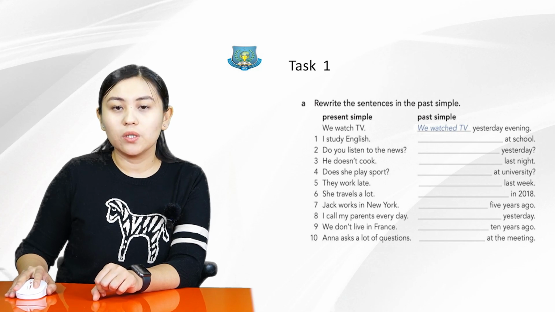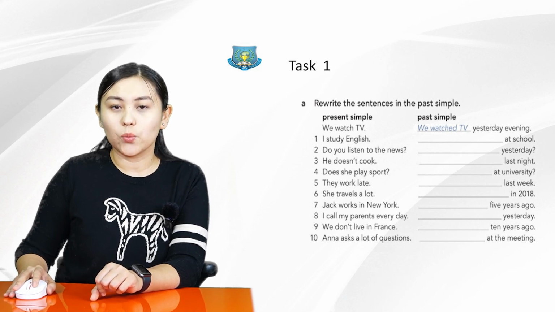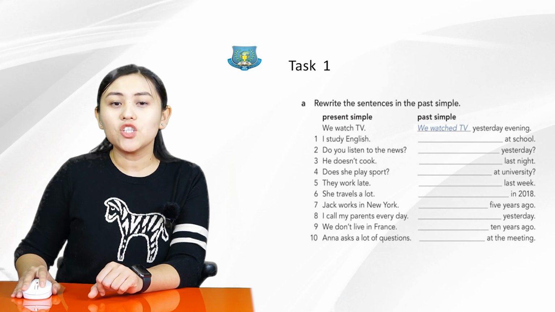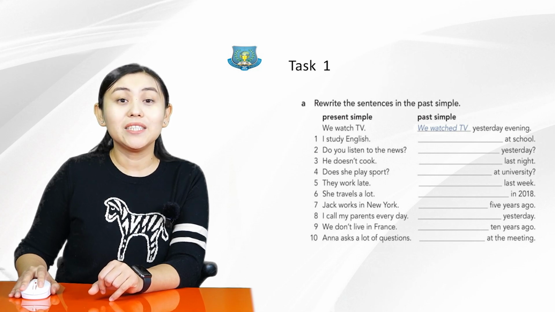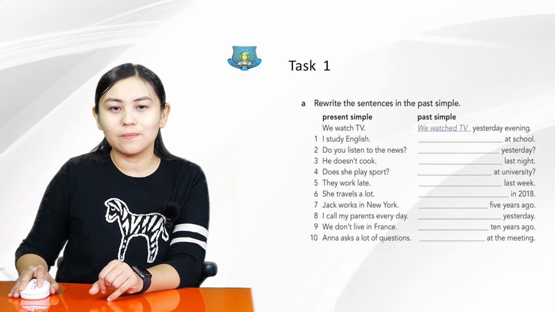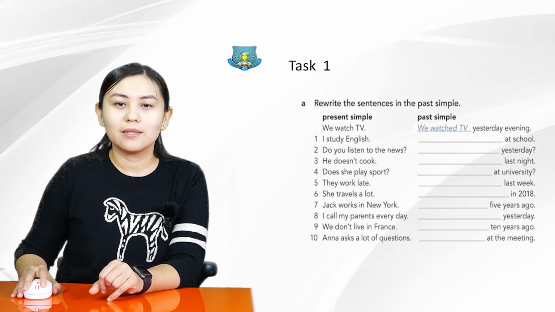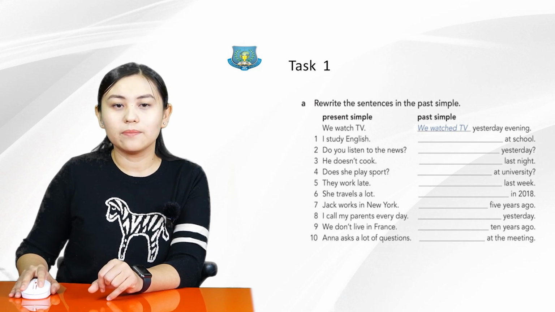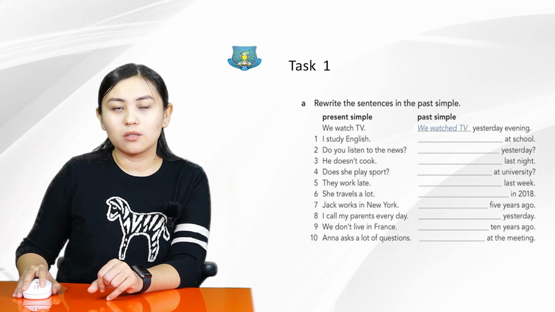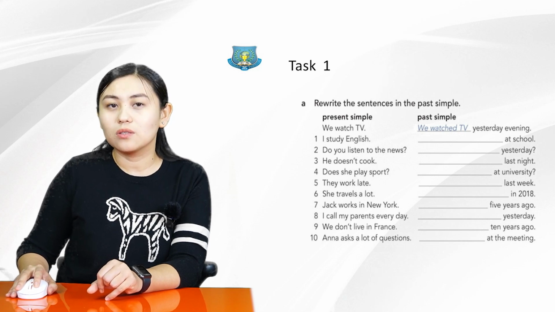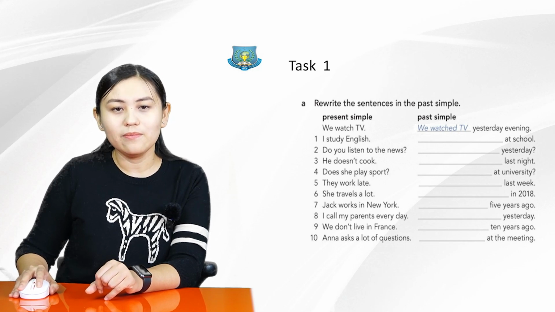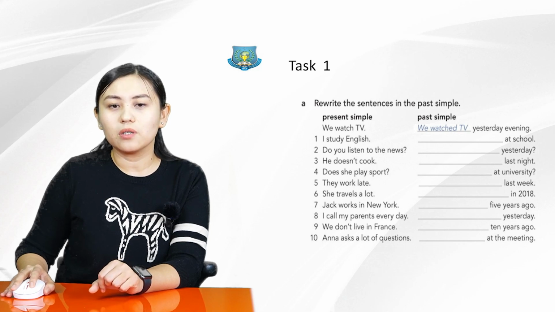He doesn't cook. He didn't cook last night. Does she play sport? Did she play sport at university? They work late. They didn't work late last week. She travels a lot. She didn't travel in 2012. Jack works in New York.